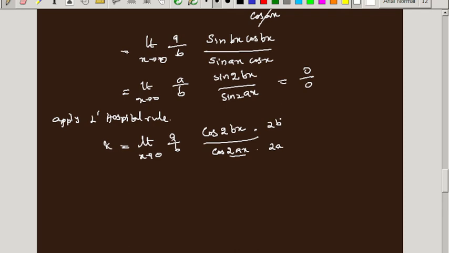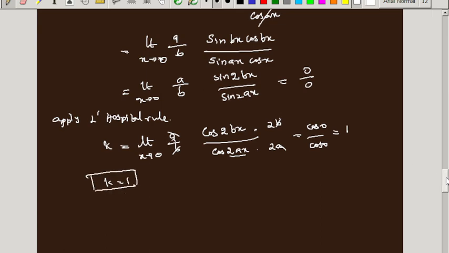So here we can cancel b, a, and 2. If we substitute 0, we get cos 0 by cos 0, which is nothing but 1. k equals 1 is the answer.